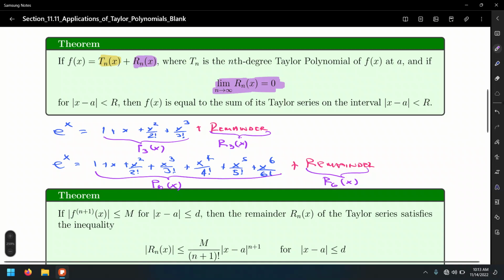Now the idea is that depending on how many terms we use for the approximation, the more terms we add to the polynomial, the better the approximation. And that's something we looked at last week when we discussed Taylor polynomials and Maclaurin polynomials, when we did the exponential. So we got the linear approximation, then we also got the quadratic approximation.